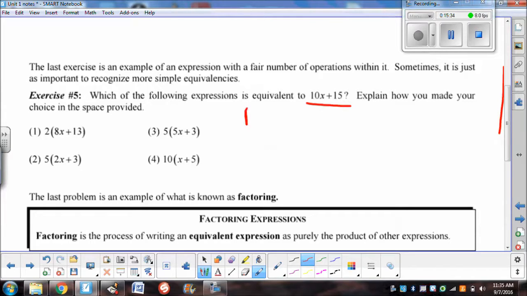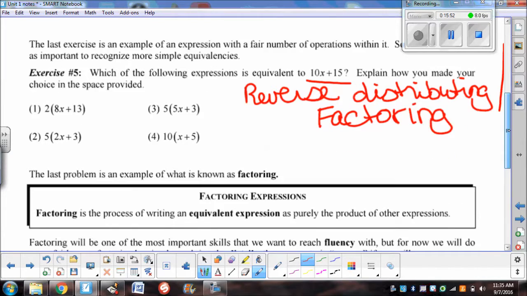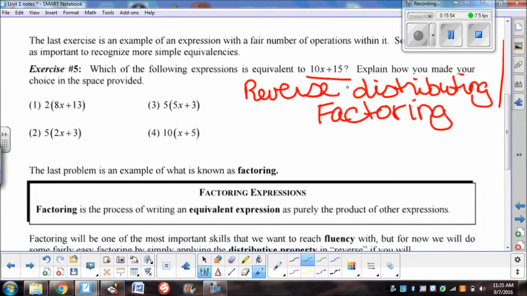So what we're going to do is something called reverse distributing. And reverse distributing has a particular name, and it's called factoring. You will hear me say factoring a bazillion times this year, okay? So when I look at this, I examine these and say, okay, 10x and 15, what do they have in common?